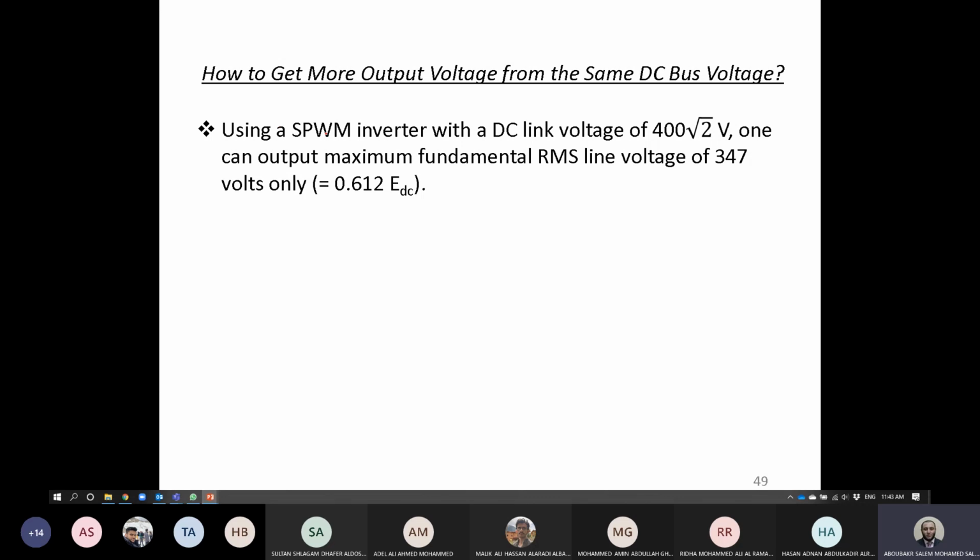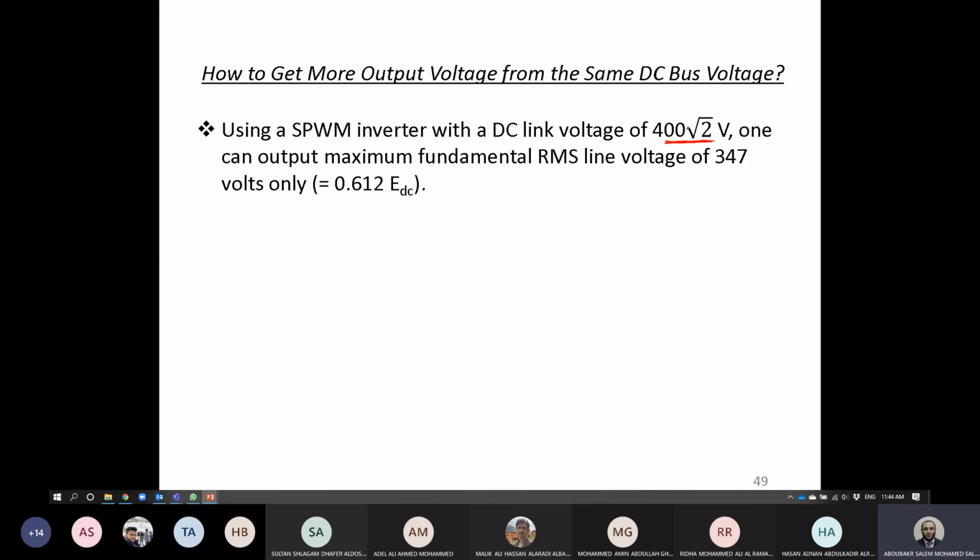Here is an example using a sinusoidal pulse width modulation inverter with a DC link of 400 square root of 2. Why exactly 400 square root of 2, guys? Because in DC, how can we get DC for the inverter? Simply we use rectifiers. And for a 3-phase rectifier, the maximum possible voltage we can obtain is the peak value of line to line.